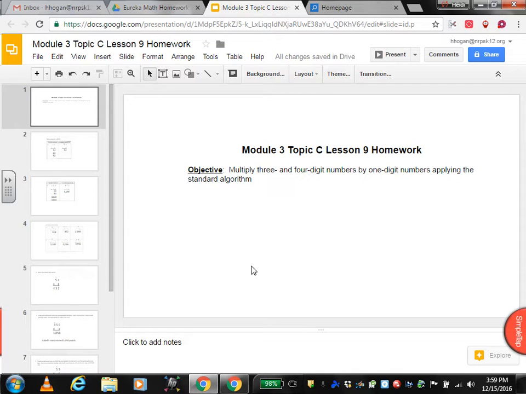But we also realized that it was so important to use the place value discs, to write the expression, and to learn partial products, because then we understand what we're doing with the numbers when we do the standard algorithm. So it was very important to do all the work up to lesson 9. Lessons 1 through 8 really built the foundation for us to get to lesson 9.